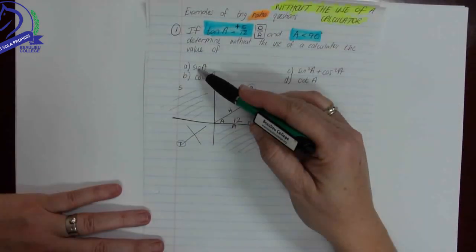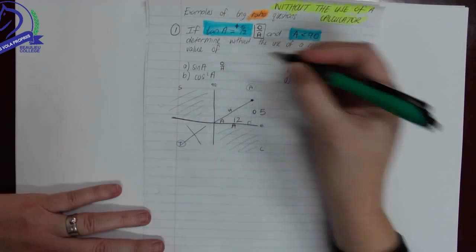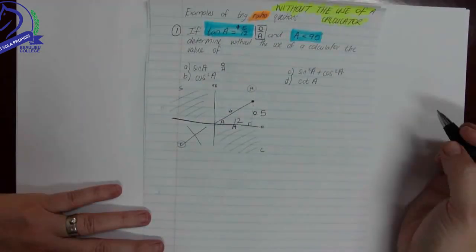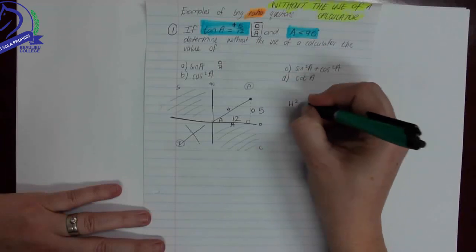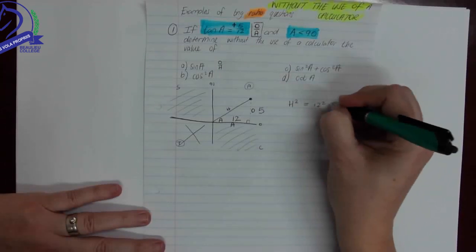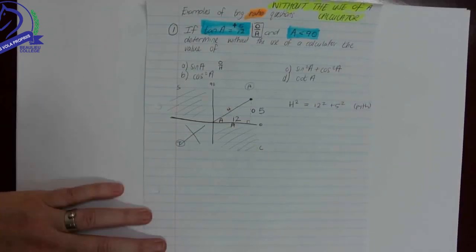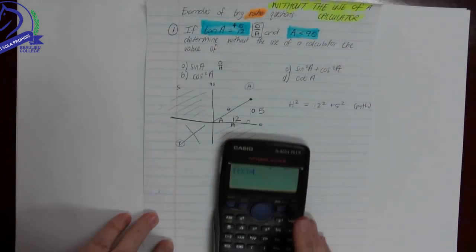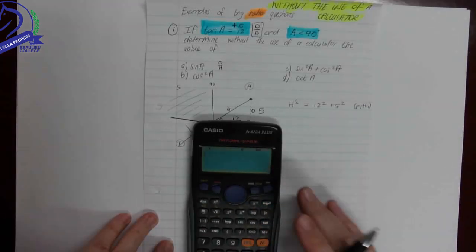They want me to work out sine, and sine is O/H. So I first of all need to work out the value of H. Using Pythagoras, H squared is 12 squared plus 5 squared. Remember to give recognition. I'm going to go out of stats or table mode.